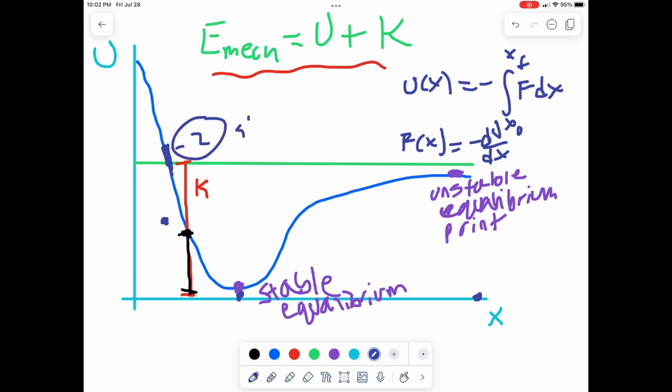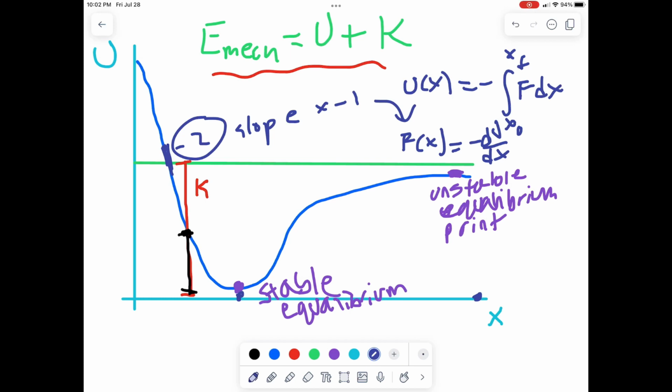So if this is -2 and this is my slope, then I would do slope times -1, and that would give me force. So that's how we can use the information from a potential energy graph to find, or at least sketch, a curve of force.